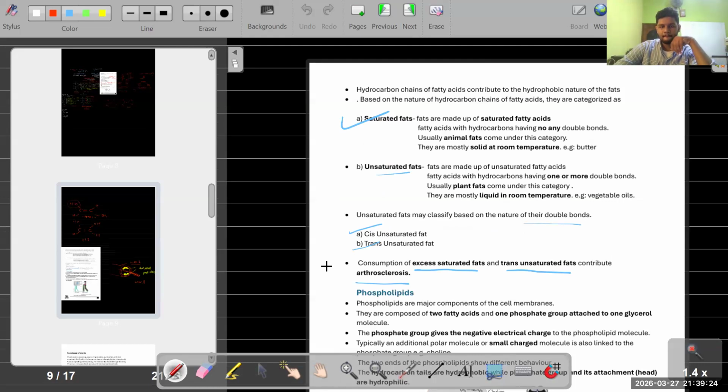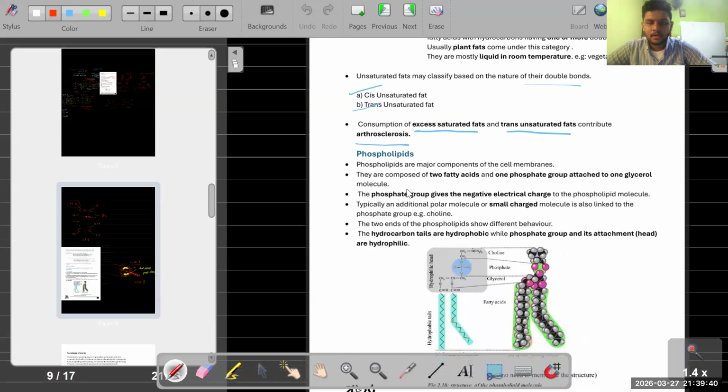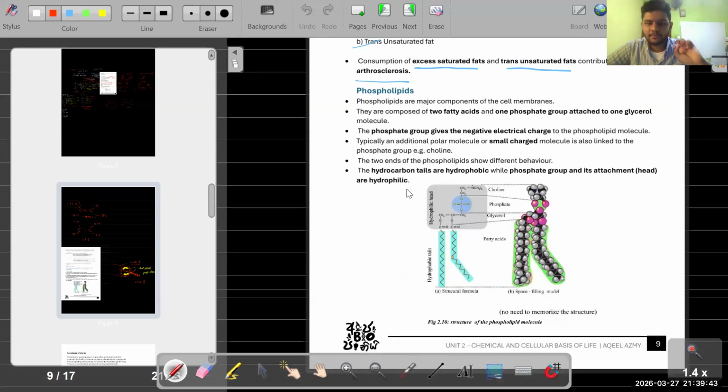Is it clear? Is it clear for all? One student has confirmed that it's clear for her. Yes, very good. Right. Okay, then we are coming to the second type of lipid.